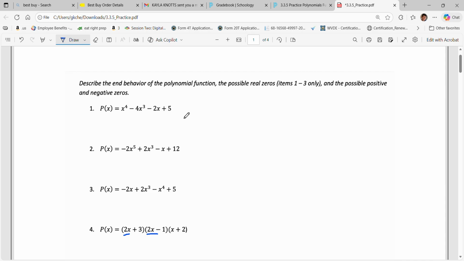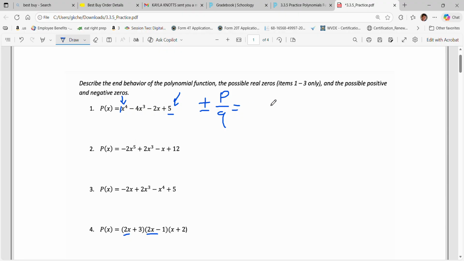As far as finding possible zeros, this is a little theorem called the rational zeros theorem. What it says is that all the possible rational zeros can be written as plus or minus p over q, where p represents any possible factor of the constant term, and q is any possible factor of the leading coefficient.